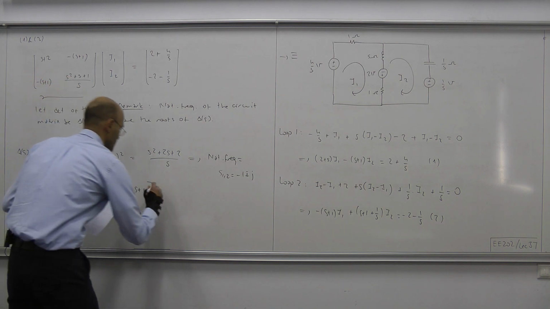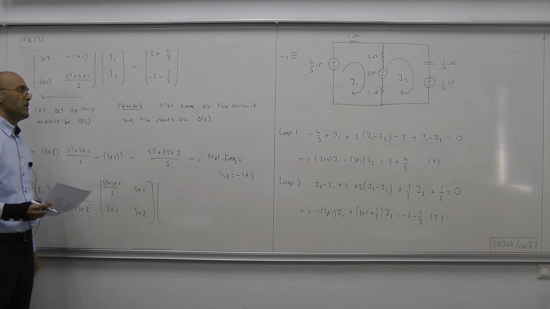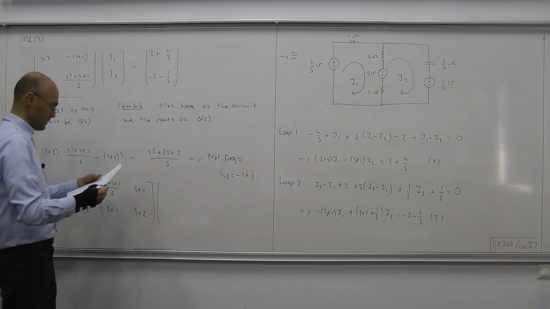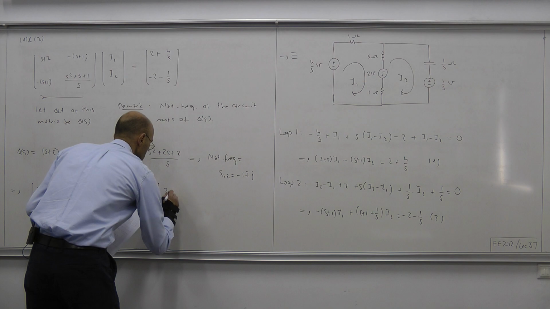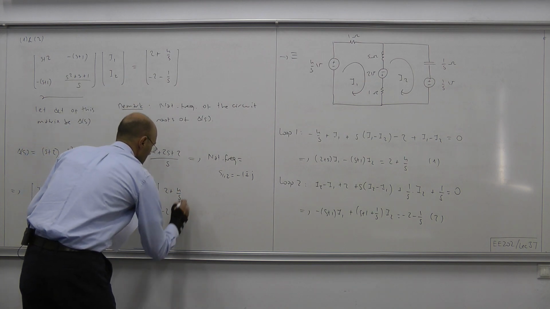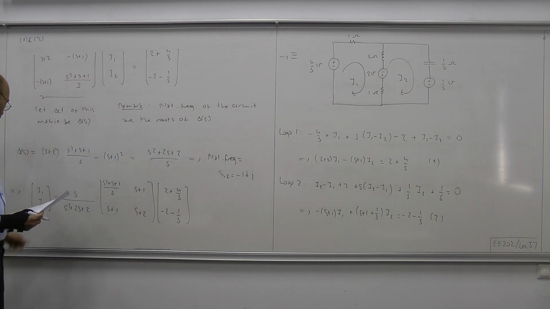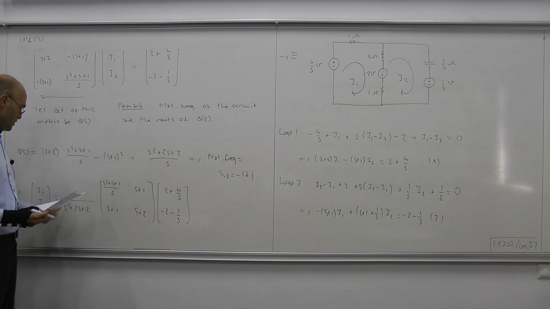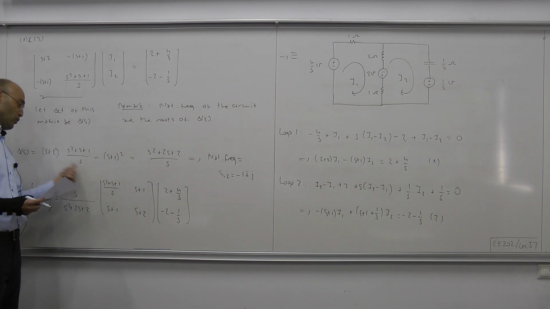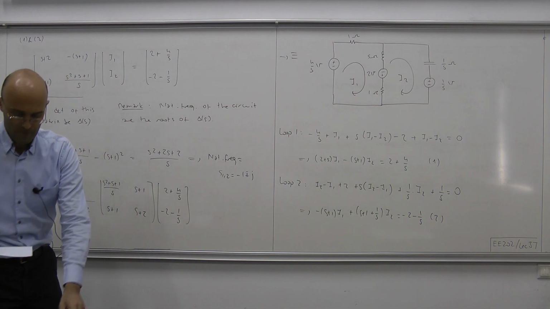Now, times the right-hand side. So this here is the inverse of our mesh impedance matrix in S domain, times 2 plus 4 over S and minus 2 minus 1 over S. From this, we can figure out I2, which is 1 over the determinant, times the second row, times the right-hand side vector.